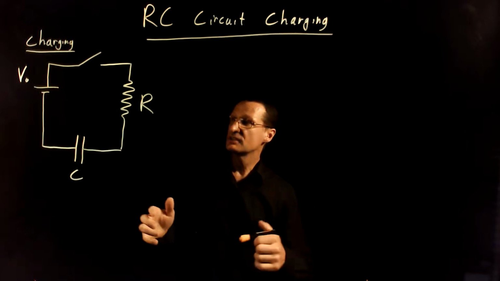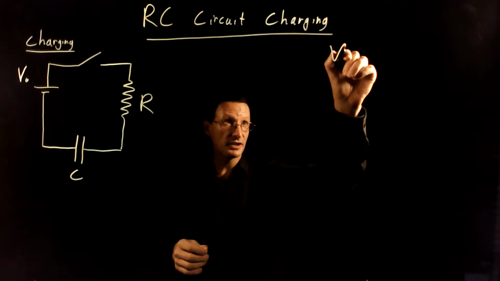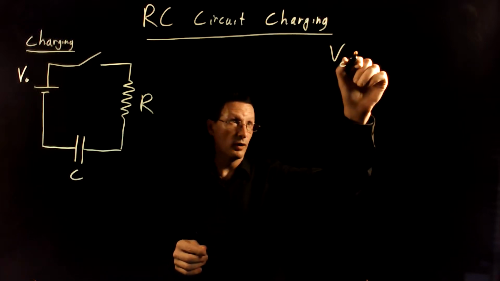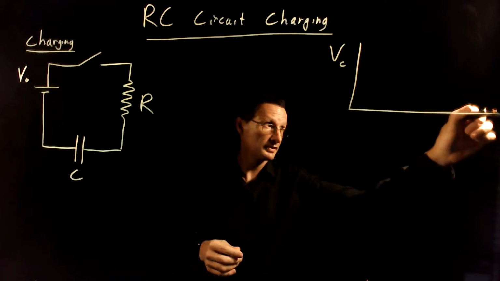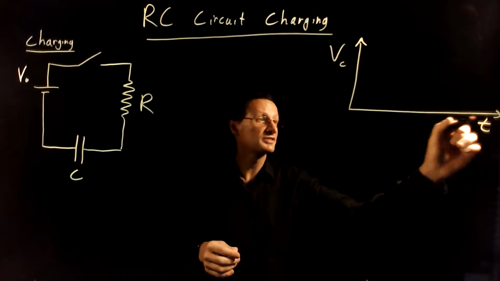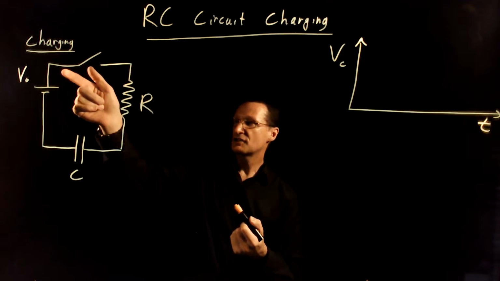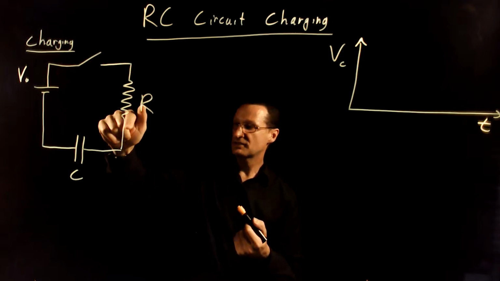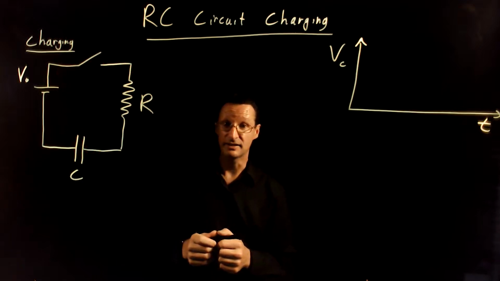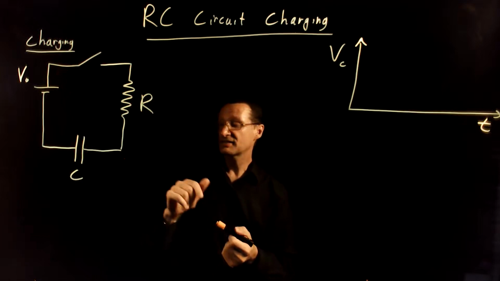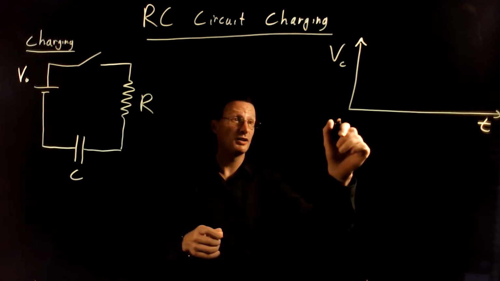So what happens if I follow the voltage across the capacitor over time? If I look at this voltage across the capacitor versus time, well, when I first close the switch, charges are going to flow out of the battery, as I mentioned, and accumulate on the capacitor. And so the voltage of the capacitor is going to be very small in the beginning.